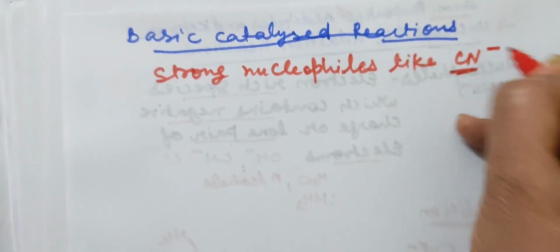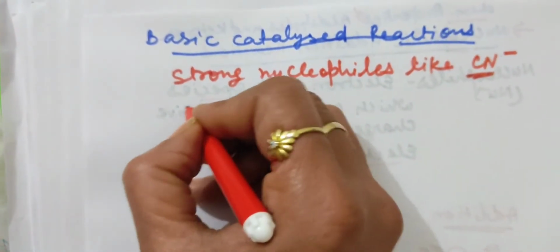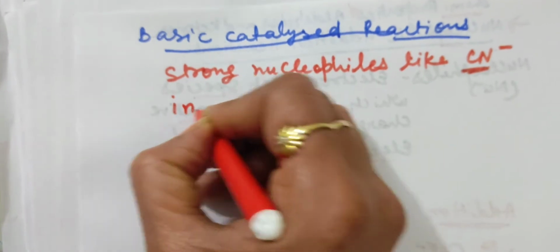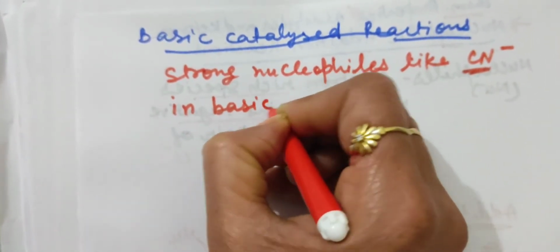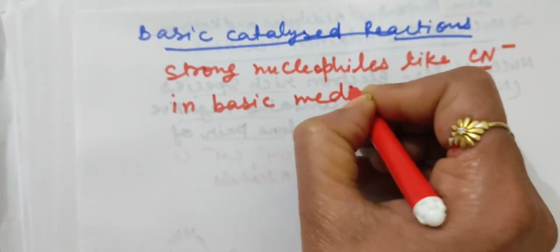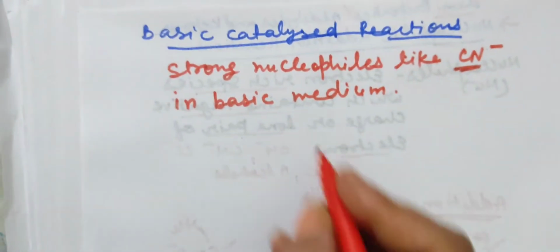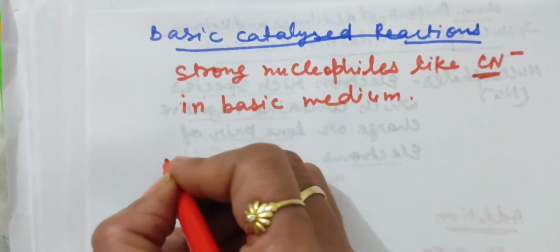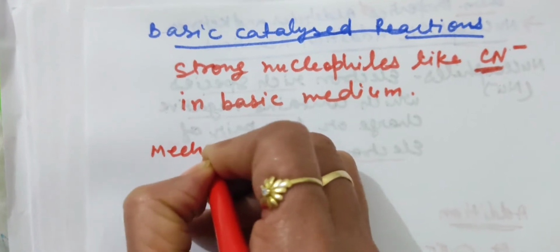Cyanide is a strong nucleophile. They complete in basic medium. What is the mechanism of these? Mechanism of basic catalyzed reactions.